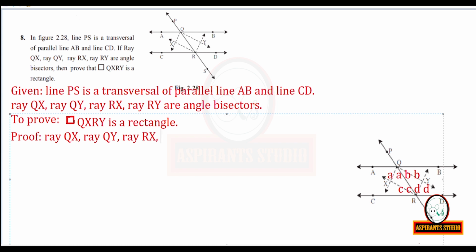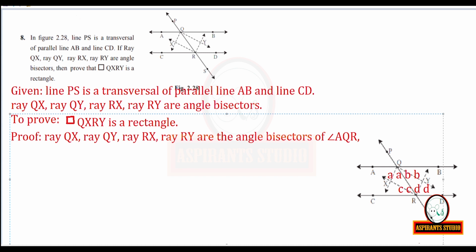Let us take angle AQX and angle RQX, which are congruent because rays QX, QY, RX, RY are the bisectors of angles AQR, BQR, QRC and QRD respectively. So we can frame 4 equations here.